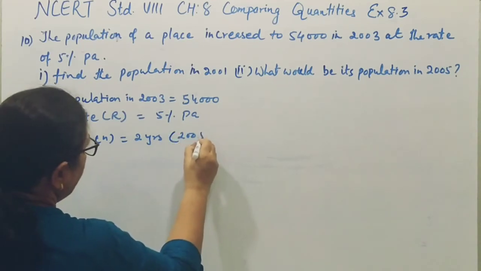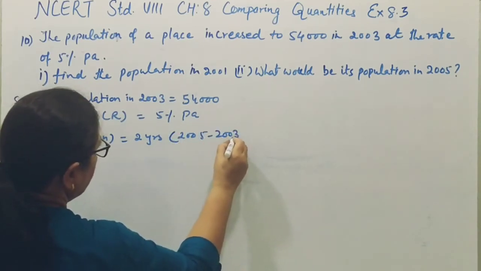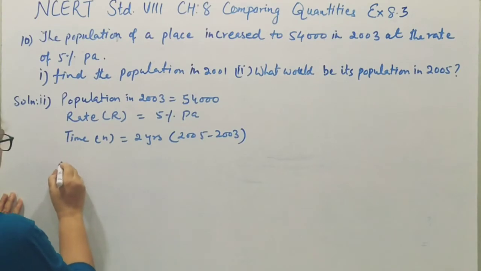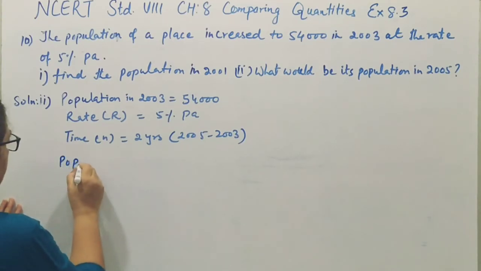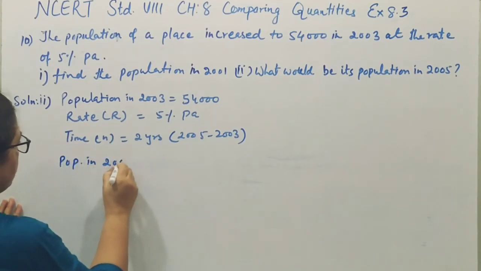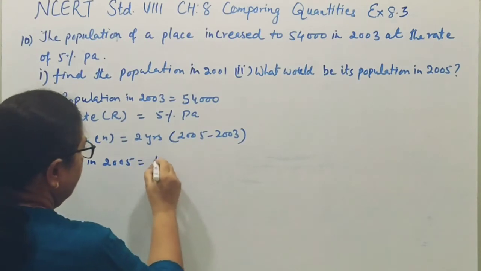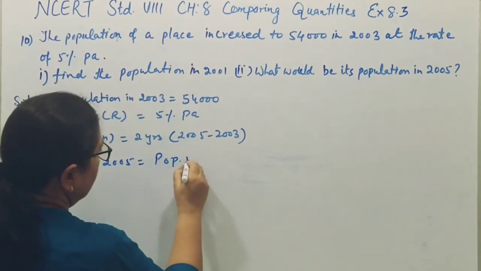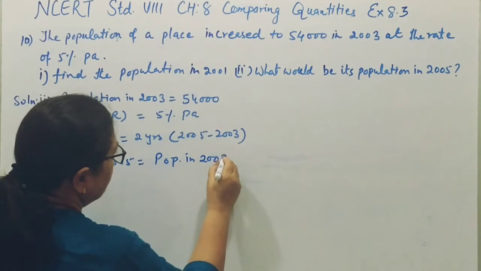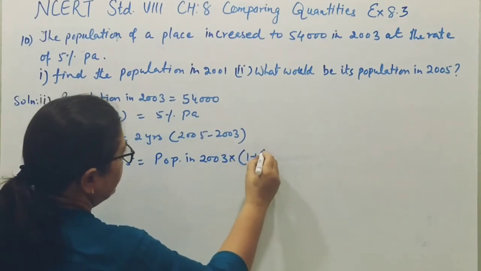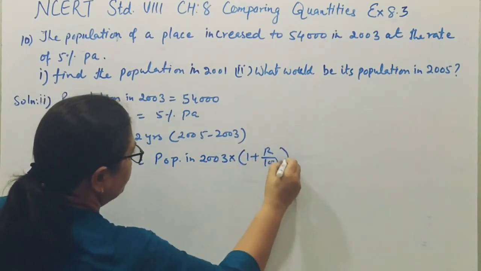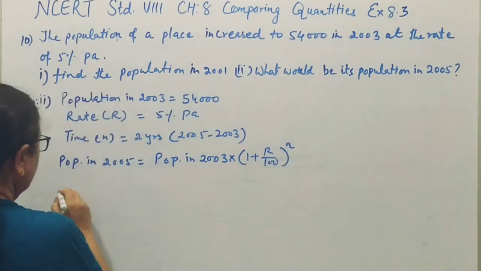From 2005 to 2003 it is 2 years. Therefore, population in 2005 is given by population in 2003 into 1 plus r upon 100 raised to power n.